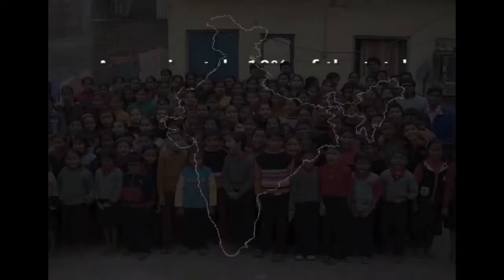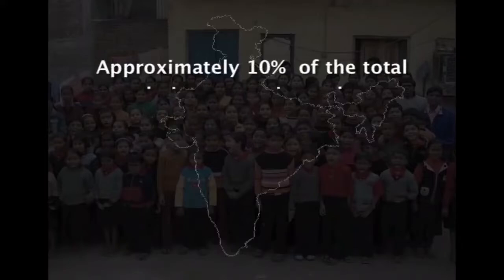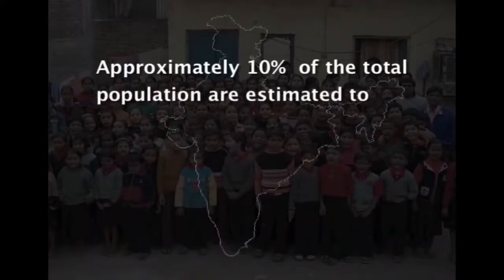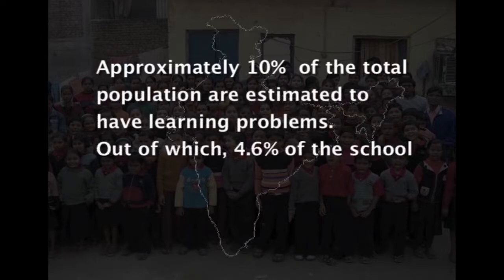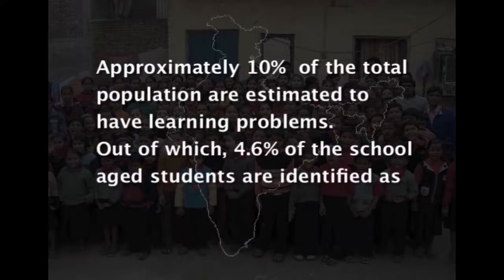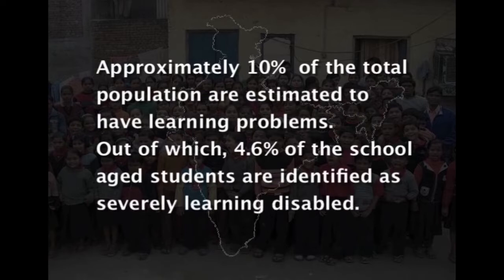After having some concept clarification, now let us see the prevalence or the magnitude of this problem in India. Approximately 10% of the total population are estimated to have learning problems, out of which 4.6% of the school-aged students are identified as severely learning disabled.